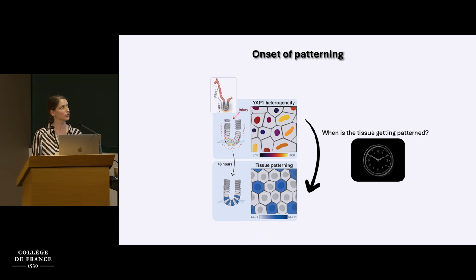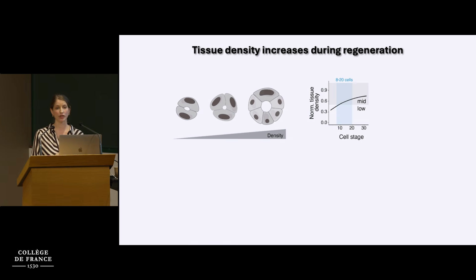To address this question, we went back to the multiscale analysis pipeline where we extracted many different features. Let me show you some of them, on one hand the tissue scale features such as tissue density. Here we see that tissue density increases with regeneration.